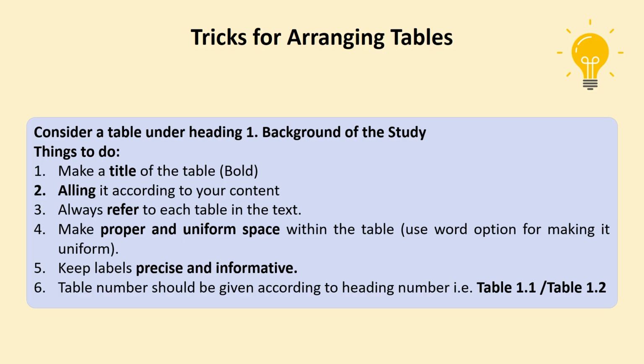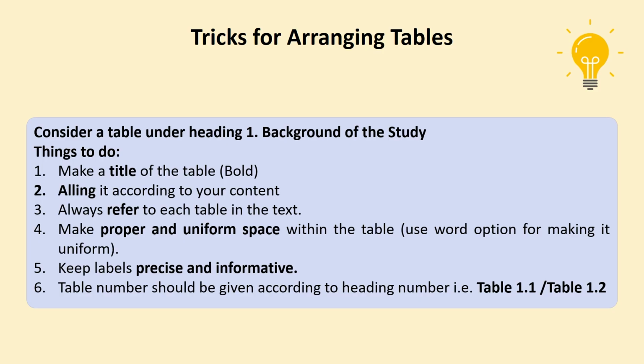Align it according to your content, meaning how you have written your content, and wherever a table is required, try to mention the table after that particular content, not at the end of the section. Put the table exactly where it is required and where you are talking about that table in the particular content.